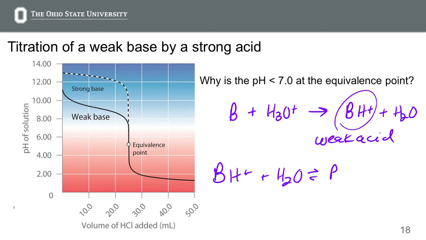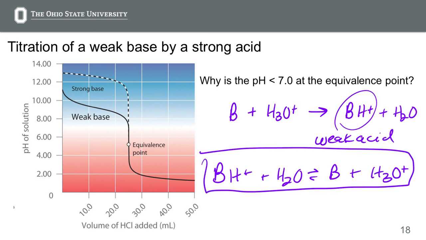So we're going to form B plus H3O+. Okay, and it's this equilibrium that is the dominant equilibrium at the equivalence point. You'll notice there's H3O+ present as a product, and that is why the pH is acidic. Okay? Make sense?